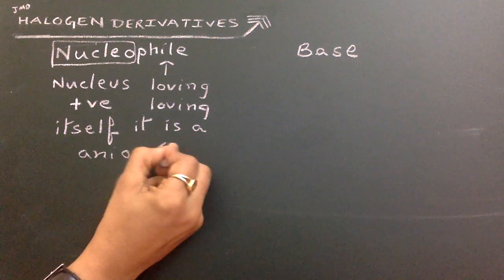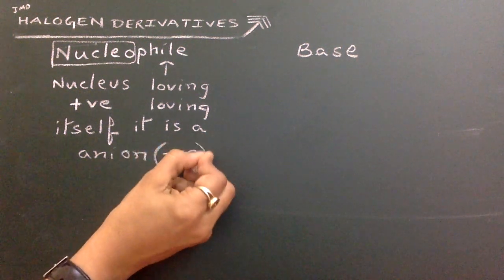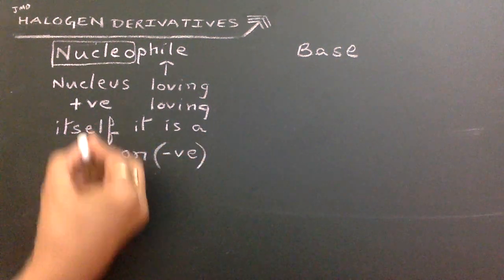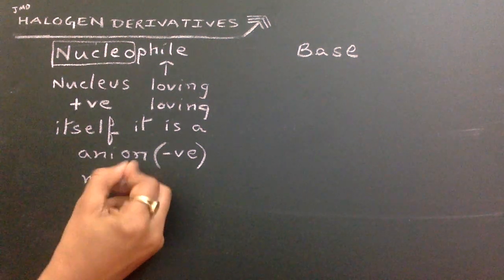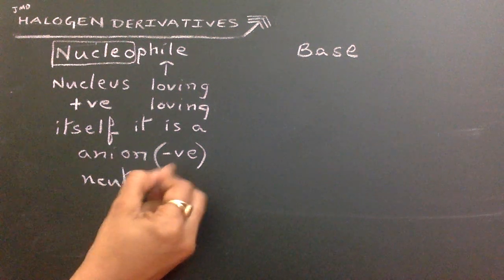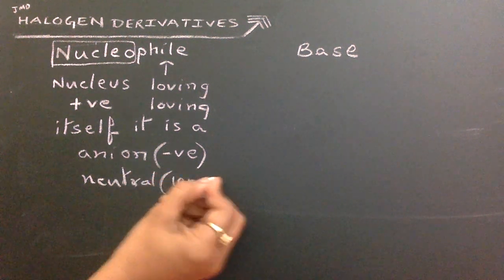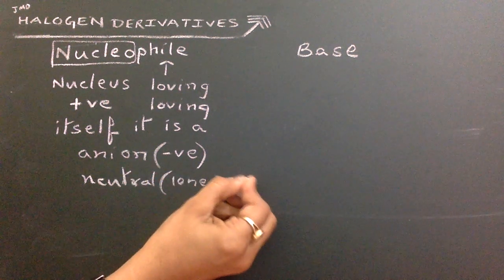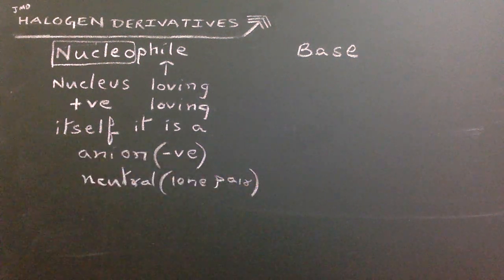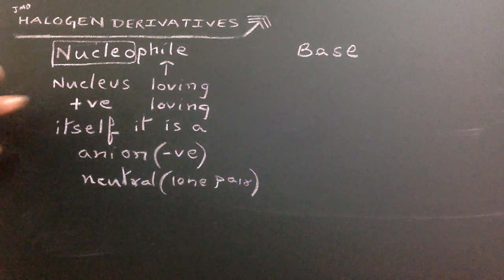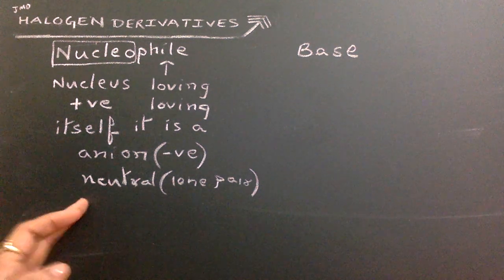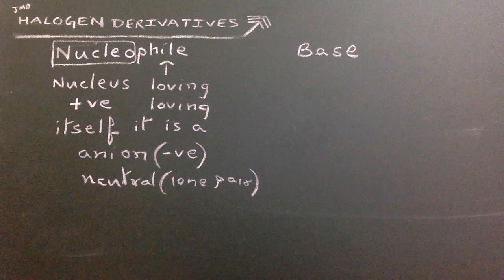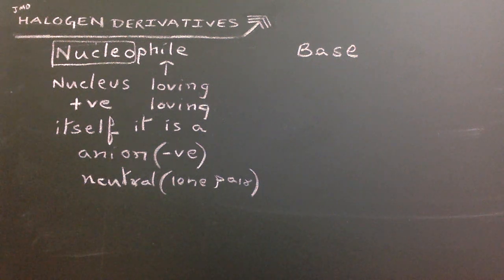Itself, it is a negatively charged substance or ion, or it is a neutral molecule having a lone pair which it can donate to the other species which is positive. Other species is positive, itself it is negative, so negative loves positive. This is the meaning of the term nucleophile.